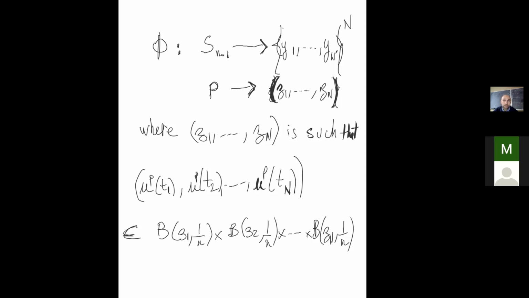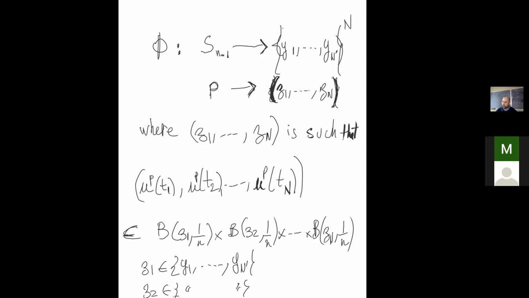My function phi is well defined, and the space where it lives, it's finite, because z1 takes its value in the finite set y1, y2, etc. So z1 belongs to y1, yn prime, and the same for z2, etc. So that's the point.